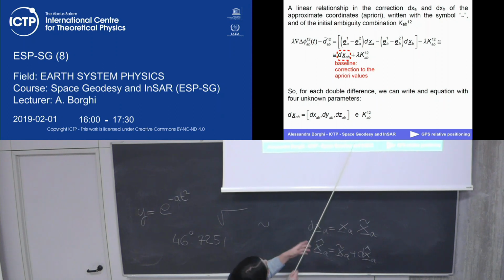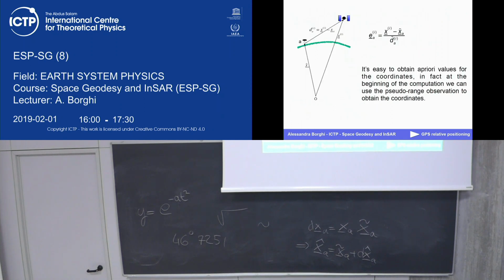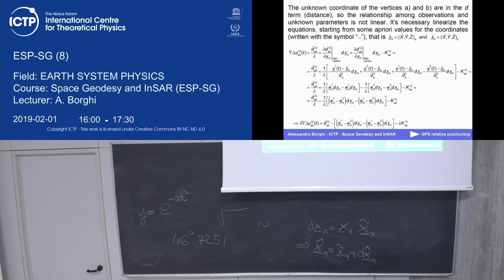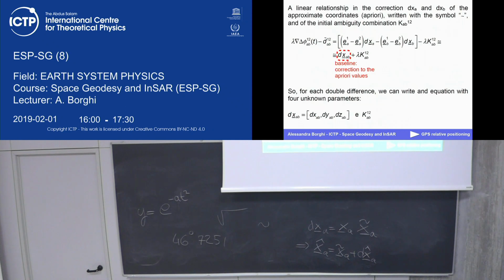We are looking at the baseline, the component, not just the single component. We are performing relative positioning. At the beginning we have seen that from the double differences we obtain the baseline component.